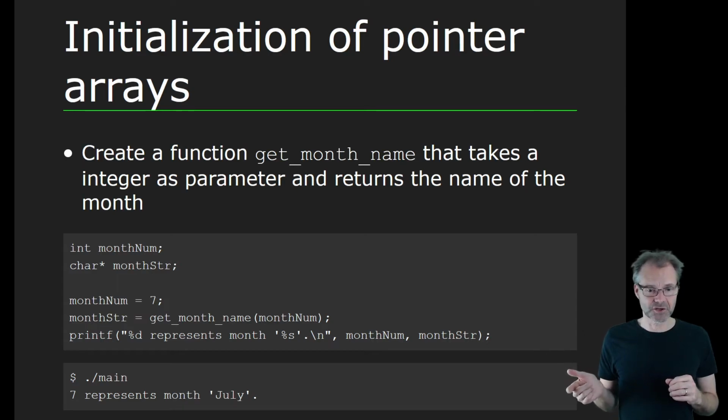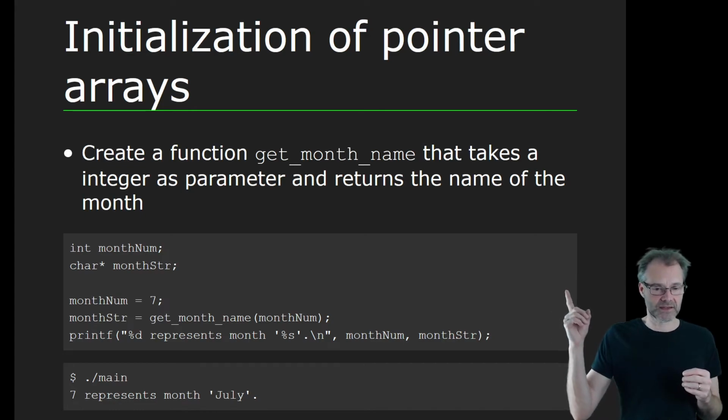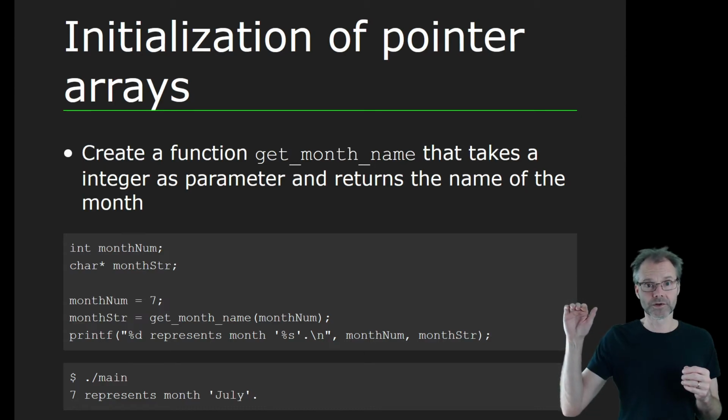When we execute the program, we see how it goes. 7 represents the month July. Okay, good to know. We can have a look at the small example program made for this. I'm creating an integer variable, then a char pointer, the holder for the result.